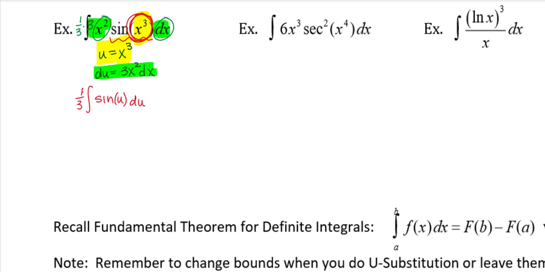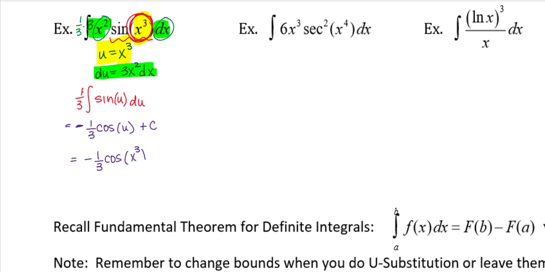So we should know the antiderivative of sine u is negative cosine of u, again plus c, because I'm doing an indefinite integral for right now. And because the derivative of cosine of an angle would be negative sine of the angle, that's where that negative comes from. And then I will put my u back in.